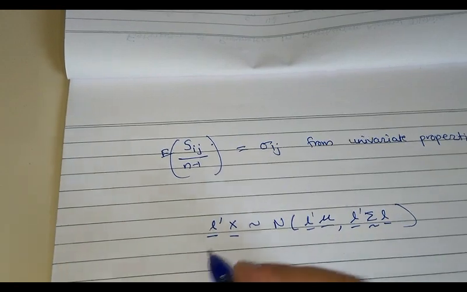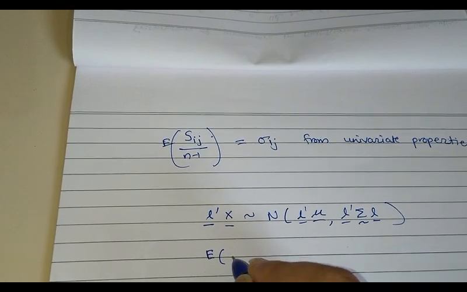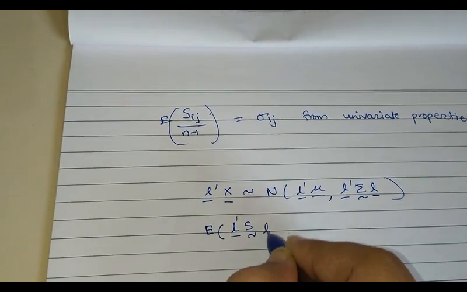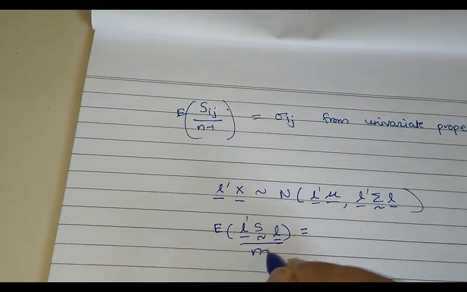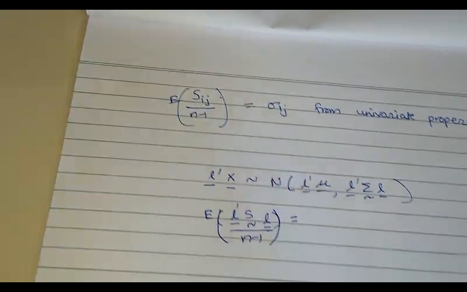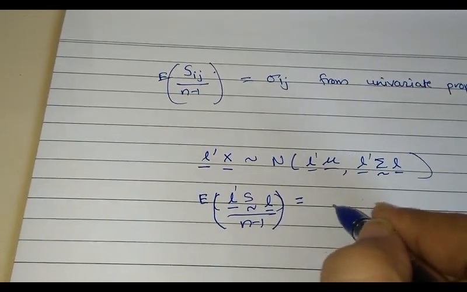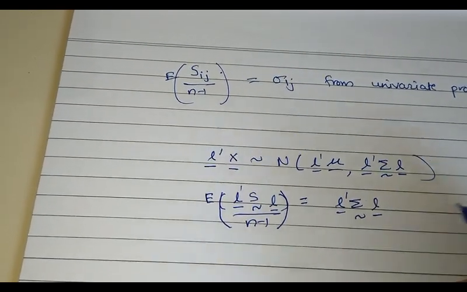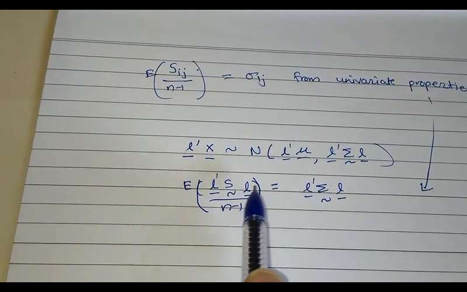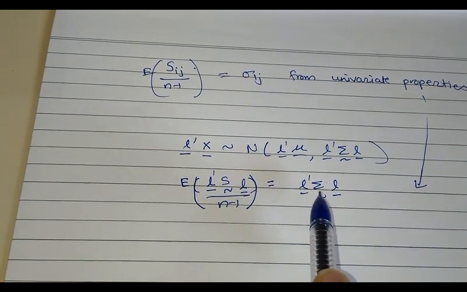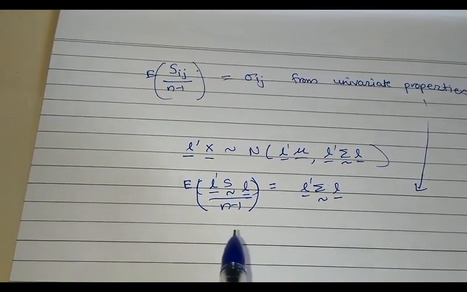Because this is univariate, now I know that the expectation of L prime S L, if I divide by n minus 1, would be L prime sigma L. This is again from univariate properties, because L prime S L upon n minus 1 would be an unbiased estimator for L prime sigma L, where this S is the CSSP matrix.